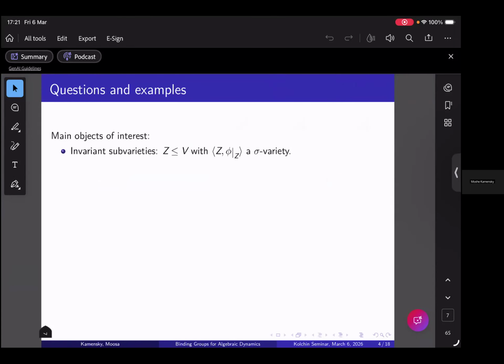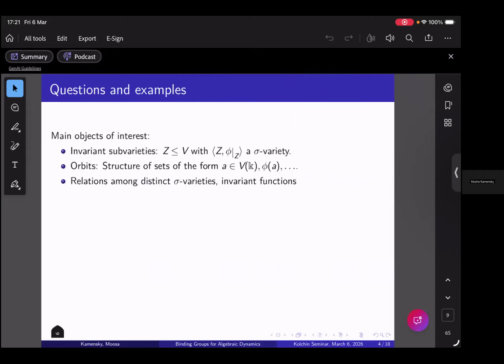So what are we interested in? Usual dynamical system questions, but with a twist. So, for example, if I'm talking about an invariant subvariety, that means that I have a subvariety defined over the same field K, and the phi should preserve it in the sense that it takes Z to the twist of Z. Orbits: we take some point and start applying phi to it.